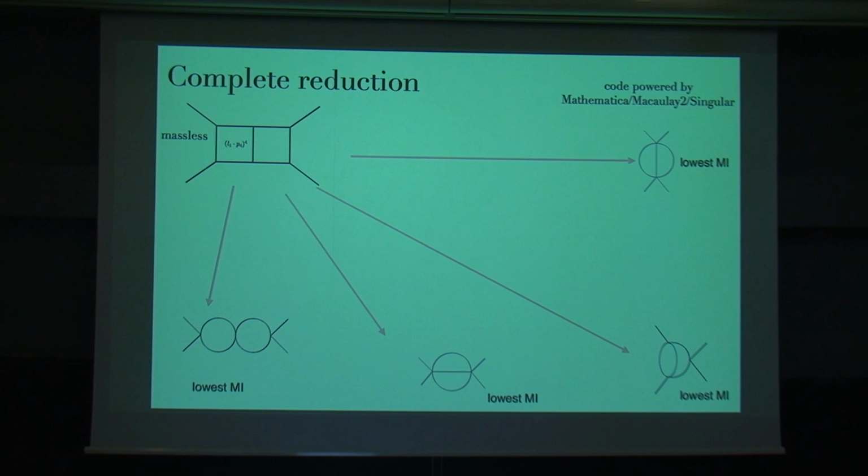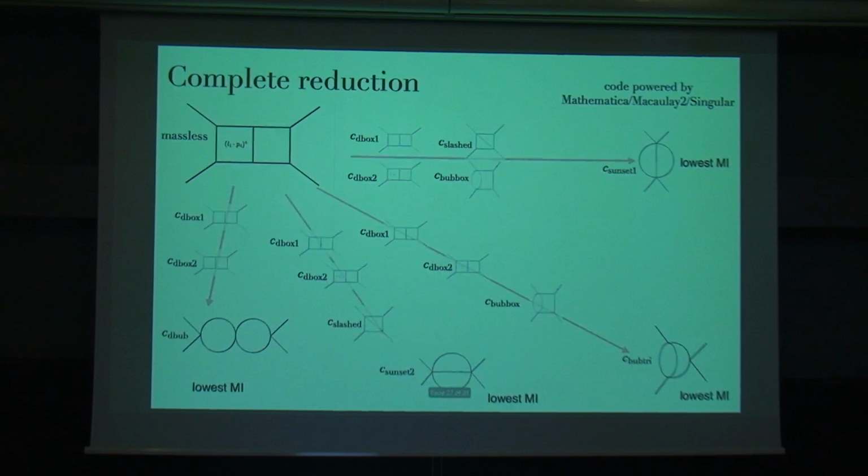There are 2 subsets: this double bubble and this bubble triangle. So for each one, for example this one, we do a 3-fold cut. Then we can recover some of the coefficients, and we can do a 4-fold cut, and this kind of triple cut, and the quadruple cut like this.